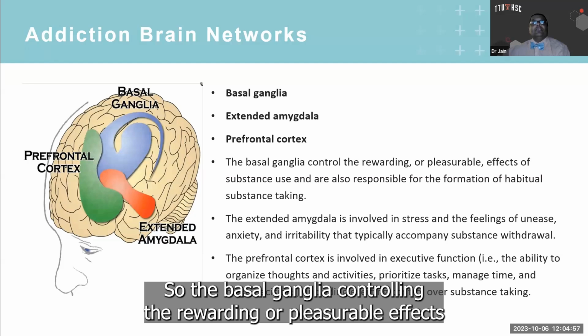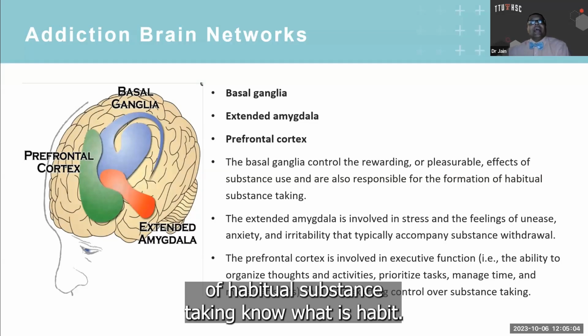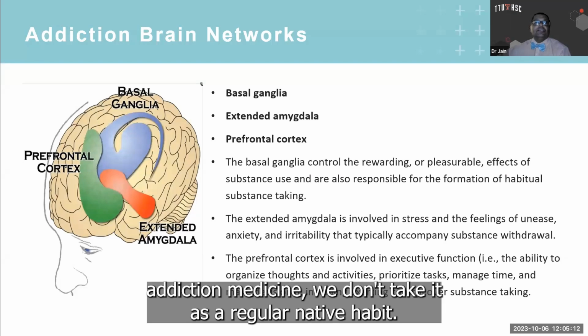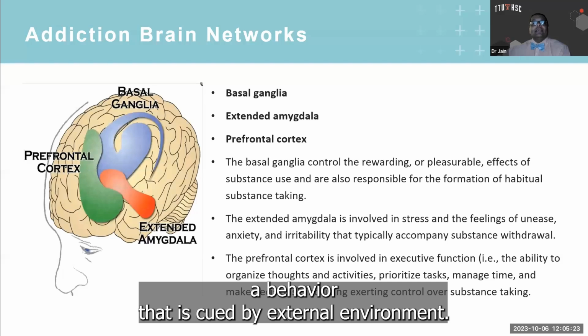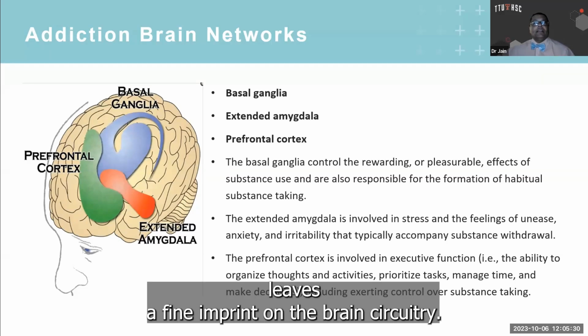The basal ganglia control the rewarding or pleasurable effects of substance use, and are mostly involved in the formation of habitual substance taking. Now, what is a habit? In addiction medicine, we don't take it as the regular lay term. A habit is a behavior cued by the external environment, which, when done over and over again, leaves a fine imprint on the brain circuitry.